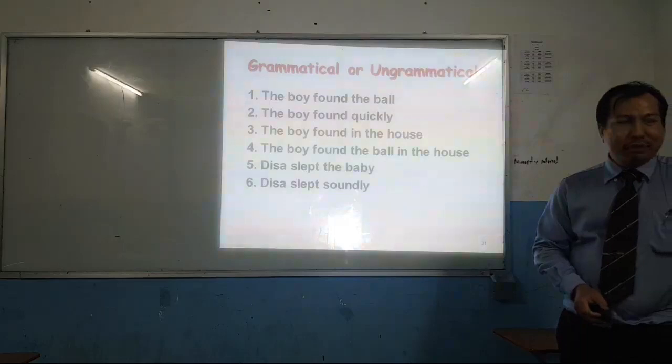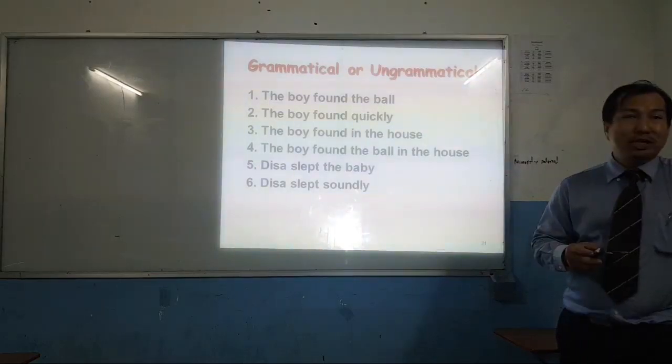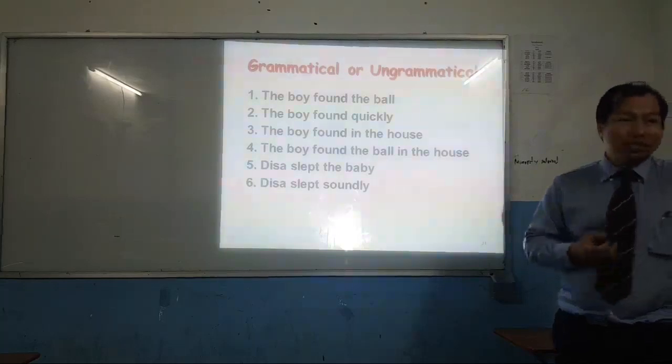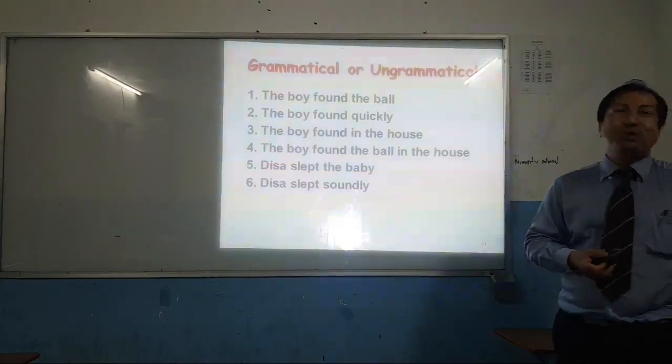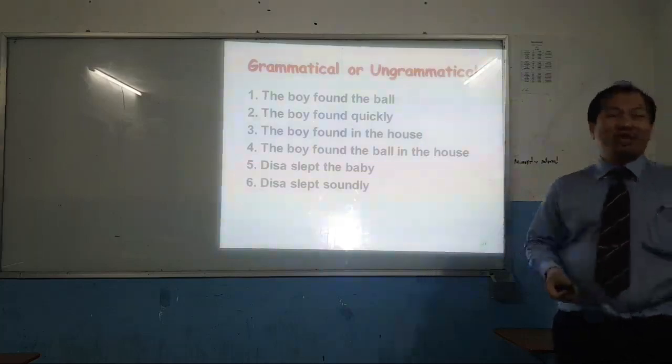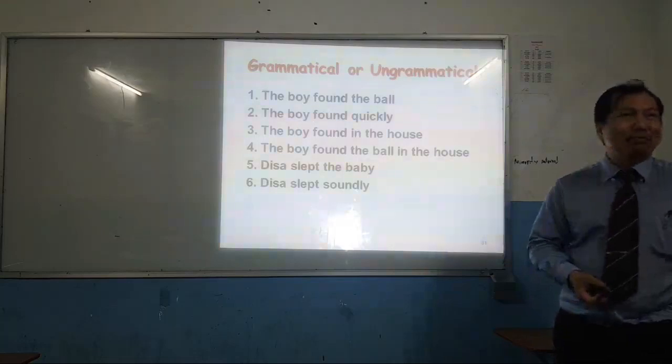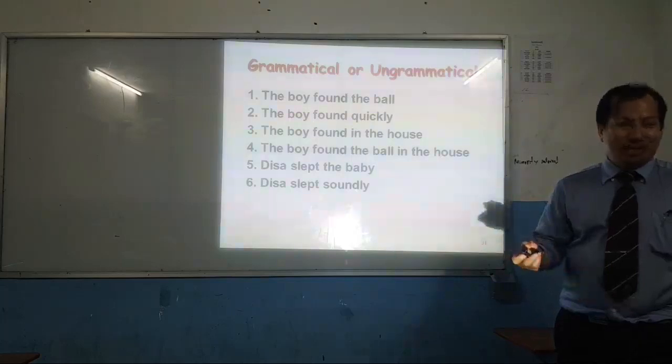Like the example we just got, right? In some sentences, the verb needs an object, but you did not put it. For example, a verb that does not need an object, you put an object for it, so it becomes an ill-formed or ungrammatical sentence. So earlier, how many?